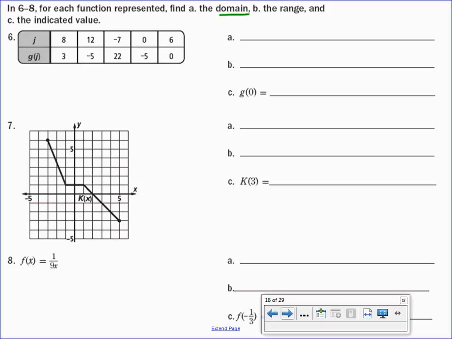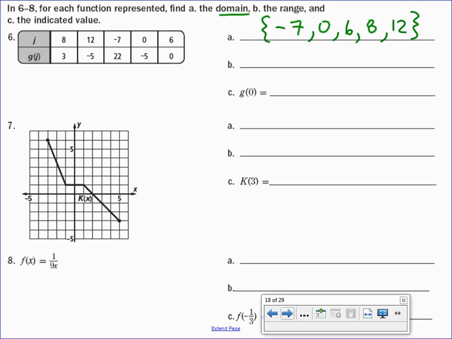I like to use curly brackets to let the reader know I'm talking about a set of values. So we'll open my set with the left curly bracket, and I like to list my input values in increasing order because it's good math manners. You could list 8, 12, negative 7, 0, 6, but I'm going to list negative 7, 0, 6, 8, 12, because I like to follow good math manners.